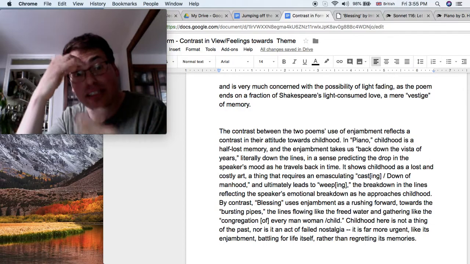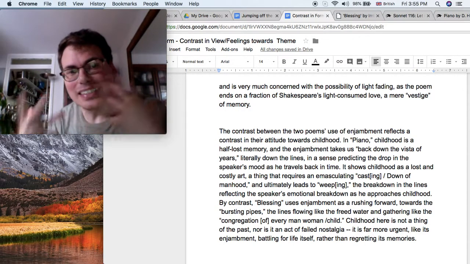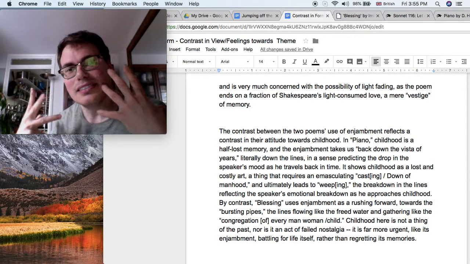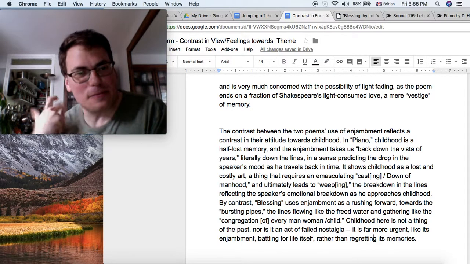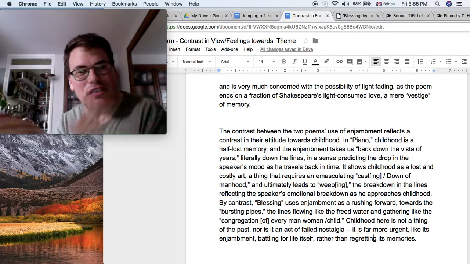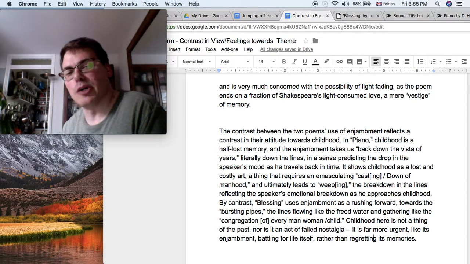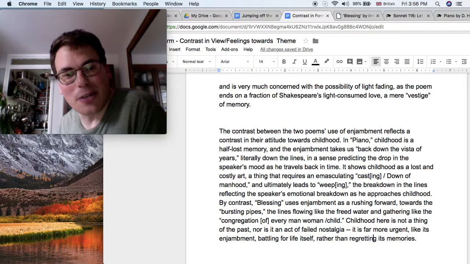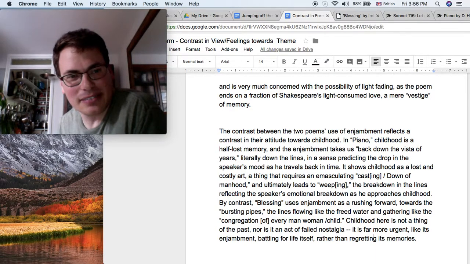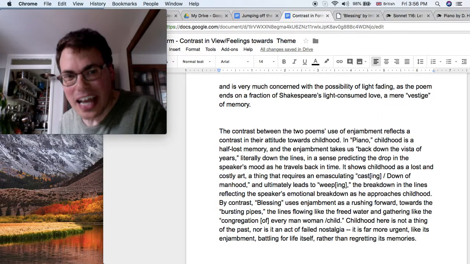And childhood is this jubilant but terrifying battle for life, which is a very, very different view from a much more aged, failed effort at childhood. Childhood is this bad memory. Bad both when it's good and when it's bad.